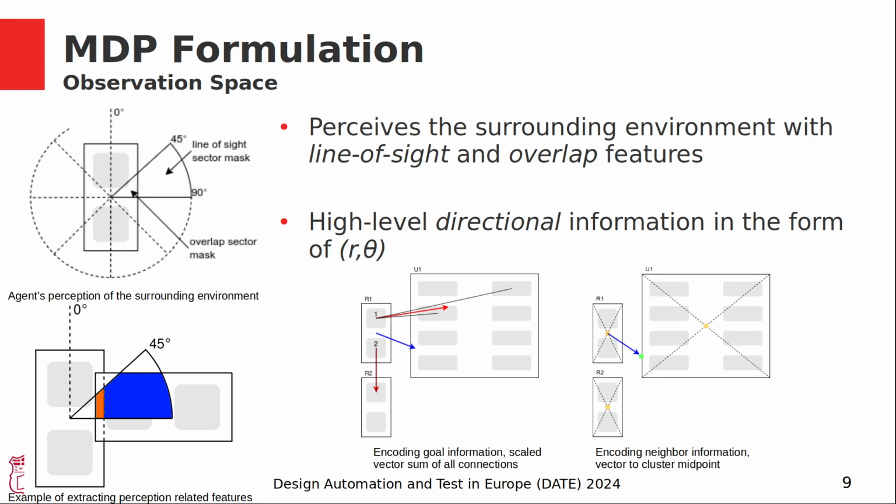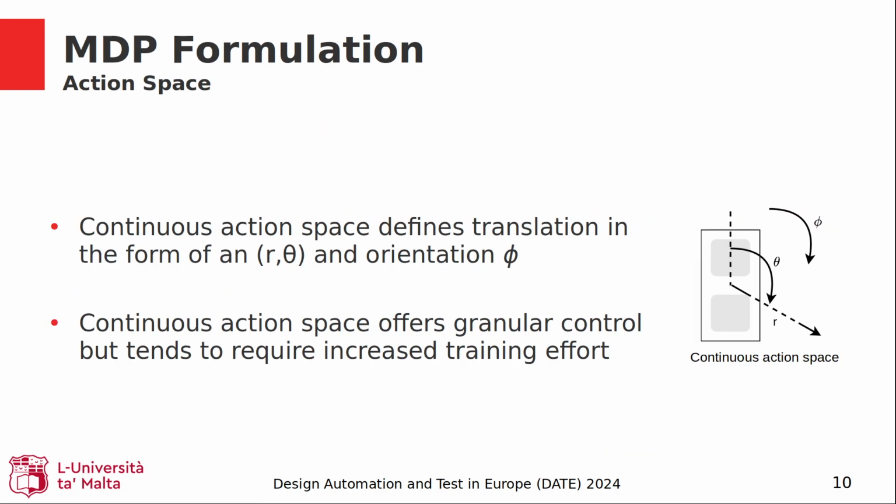One vector is simply the linear combination of all nets and points to the general direction that will reduce wire length. Another is computed between the current component and connected neighbors. Also included in the observation space but not shown in this slide are the component's position and orientation.